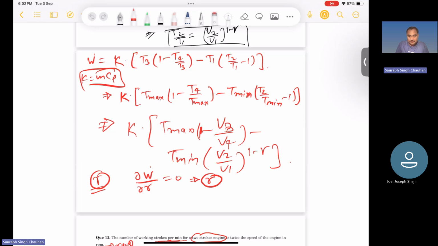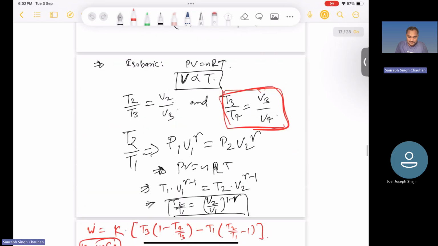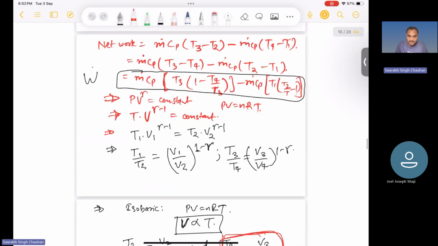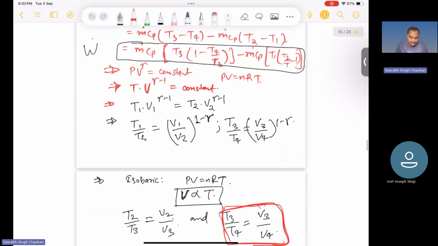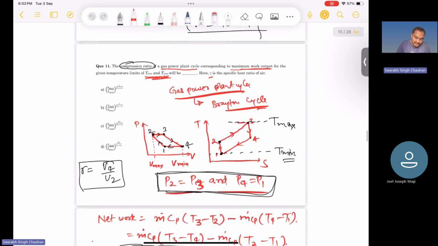Whatever r value you get will give you the maximum work output, and you have to find the corresponding compression ratio. The correct option is the first one, and you can check it. Maybe you can discuss this in the next session.